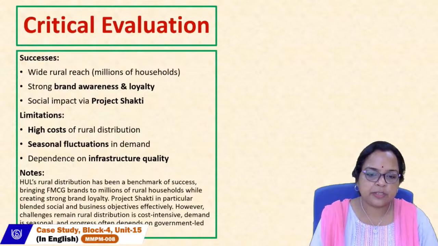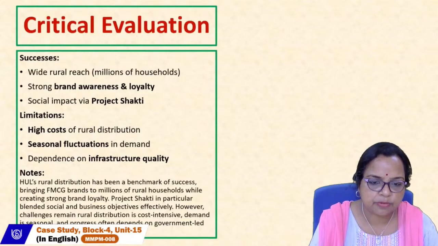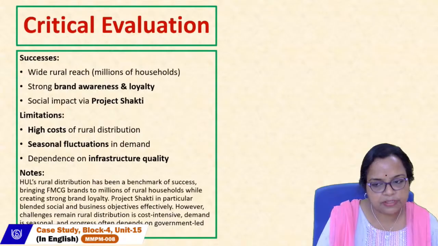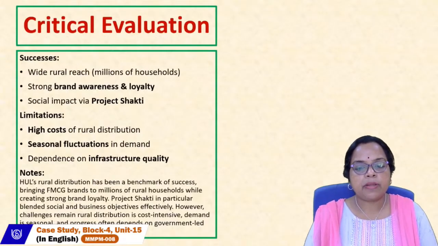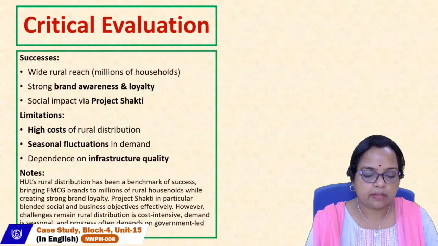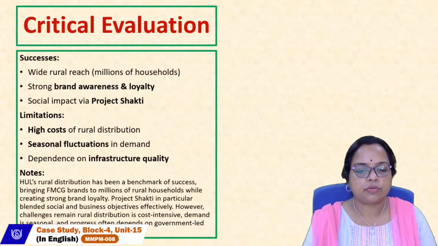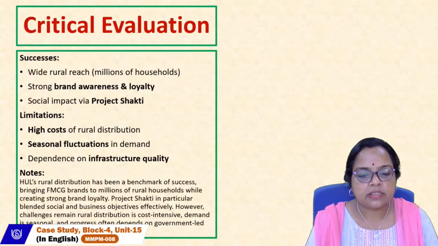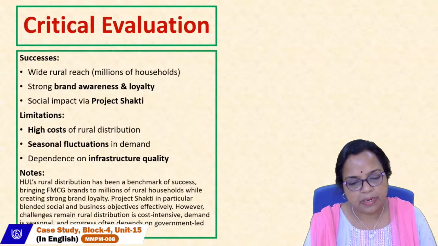HUL's rural distribution has been a benchmark of success, bringing FMCG brands to millions of rural households while creating strong brand loyalty. Yes, we need to accept HUL's rural distribution strategies were the benchmark of success, and what it did was bring the FMCG brand close to millions of rural households, be it Project Shakti, Shakti Ammas or Shakti Mans, or the Kolhapur pilot study.